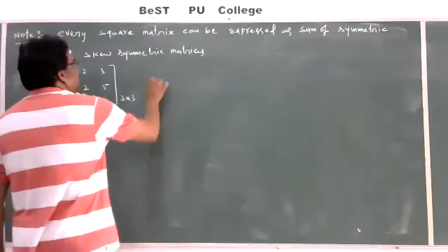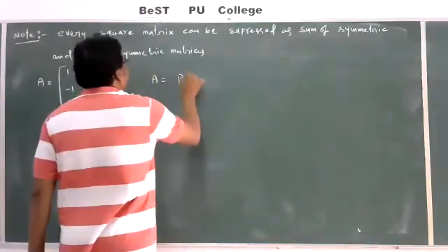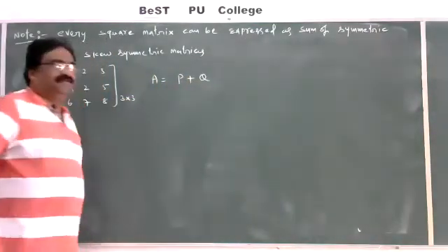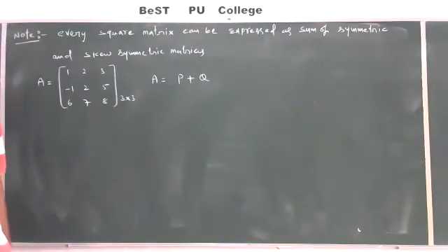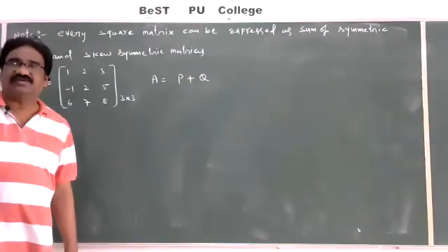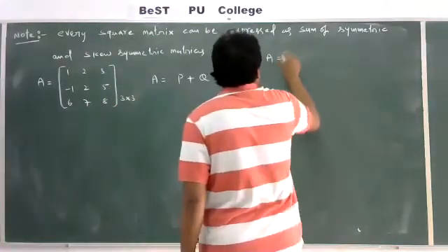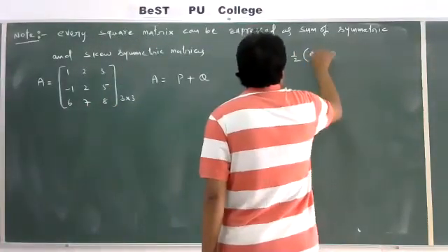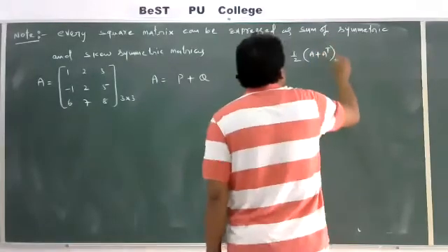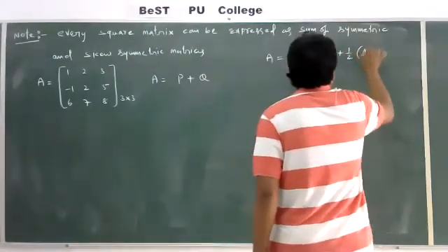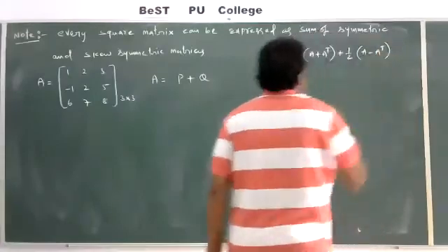So this matrix A can be expressed as the sum of two matrices P and Q, where P is symmetric and Q is skew symmetric. How to prove this? Take A equal to 1 by 2 into (A plus A transpose) plus 1 by 2 into (A minus A transpose).